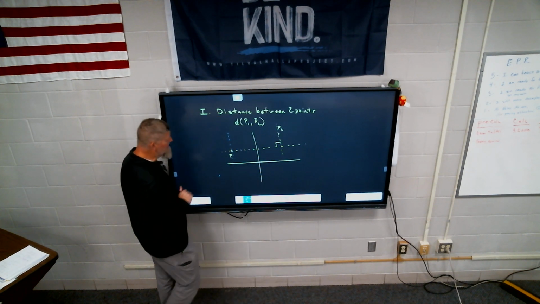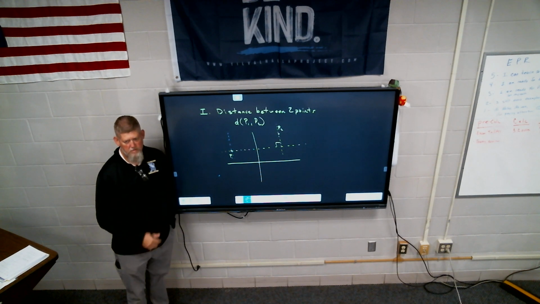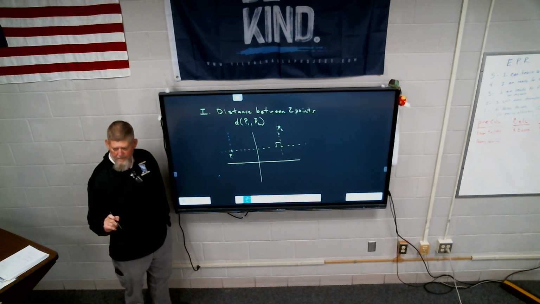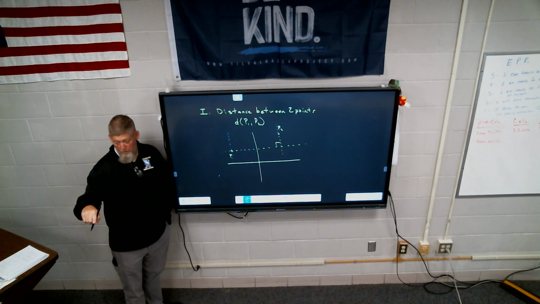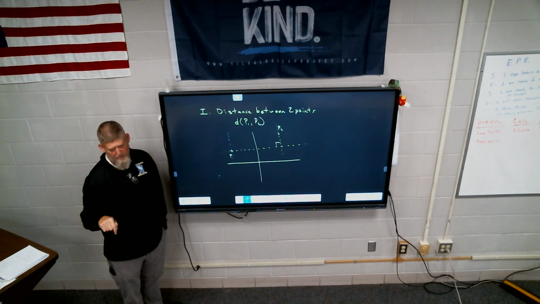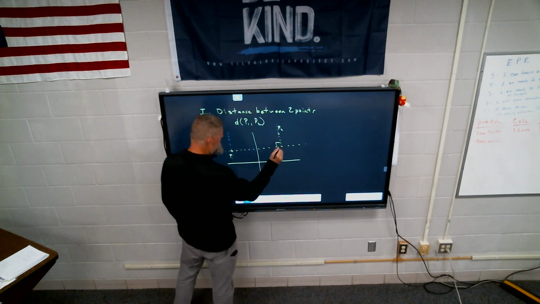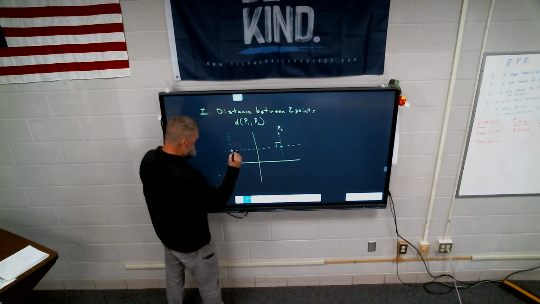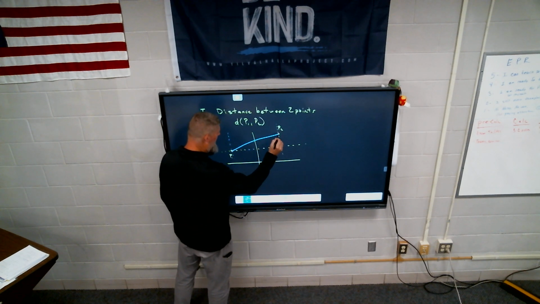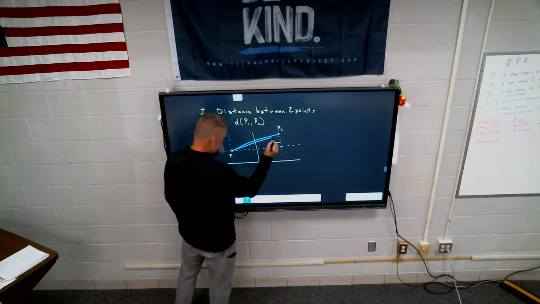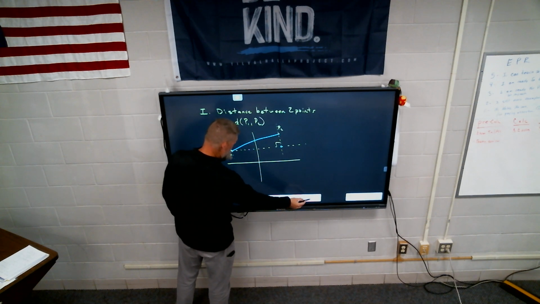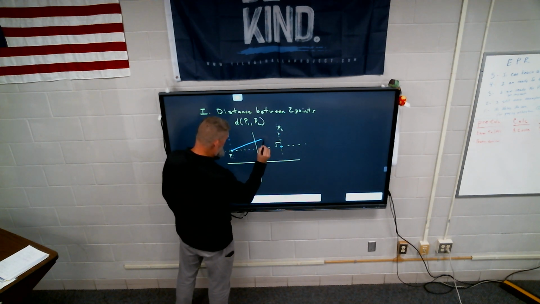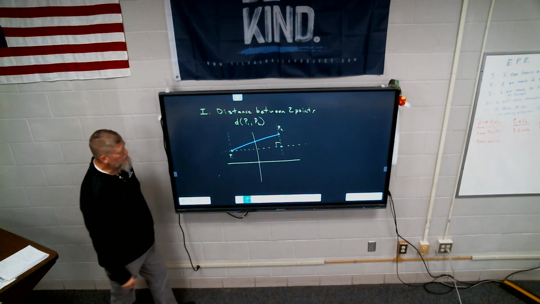So how do I find then the distance between these 2 points? That would be slope. Another very important concept. I'm looking for the diagonal of a right triangle, the distance between those two. So I've created a right triangle.